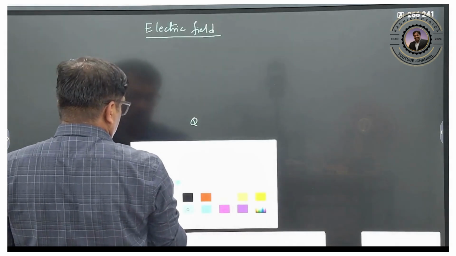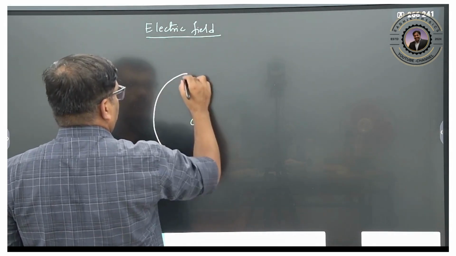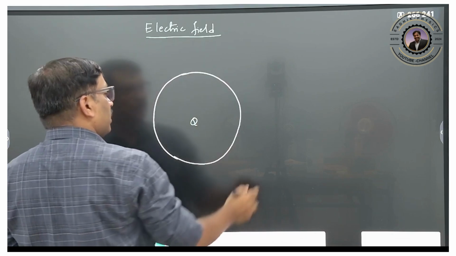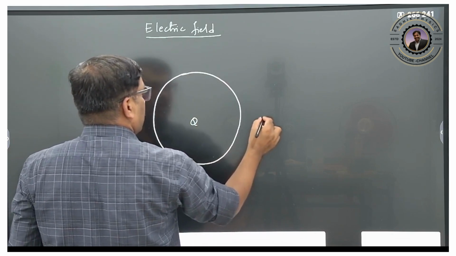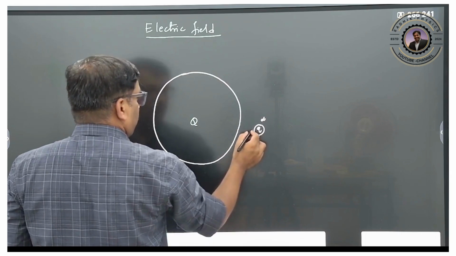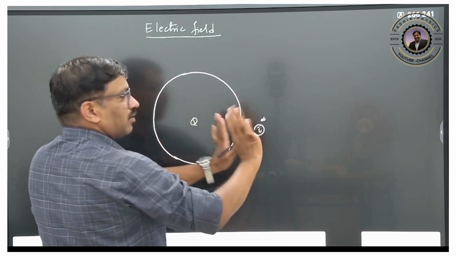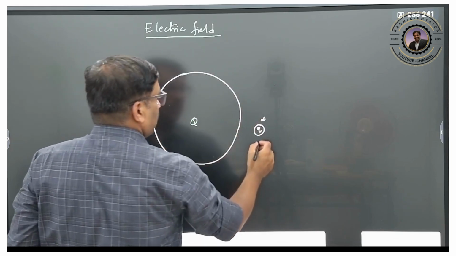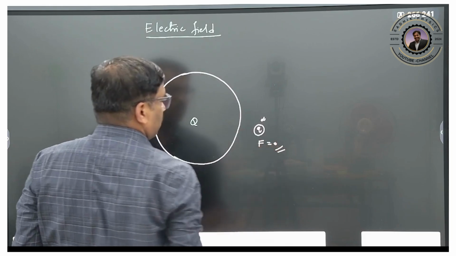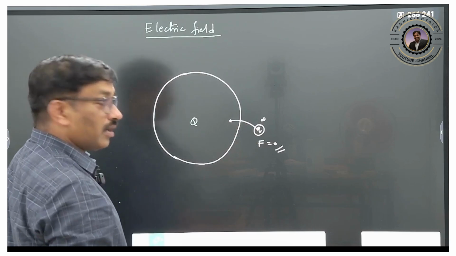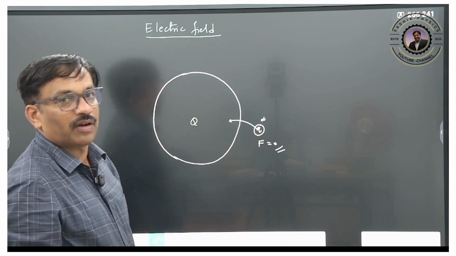Within this region, this charge will show its influence. If any charge comes from outside this region, this charge will not do anything to it, and the force on it will be equal to 0. But once the charge enters this region, this charge will show some effect on it.